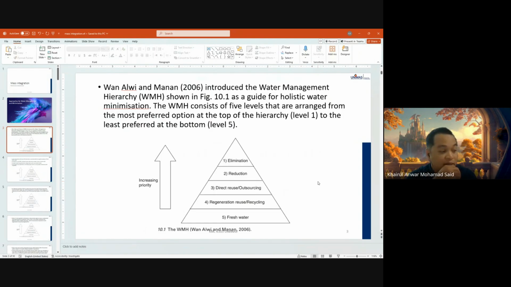So before we answer that, let me introduce each of it. So we start by asking, can the water demand be eliminated? So this is level one, elimination. So this is about water. Later we will cover gas. For example, for elimination, we eliminate the water cooling, we change it to air cooling.